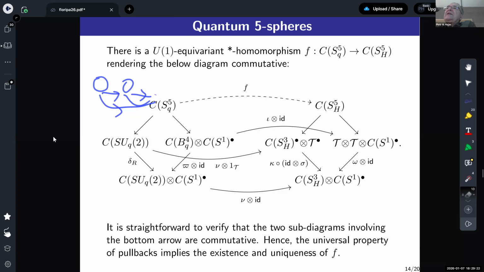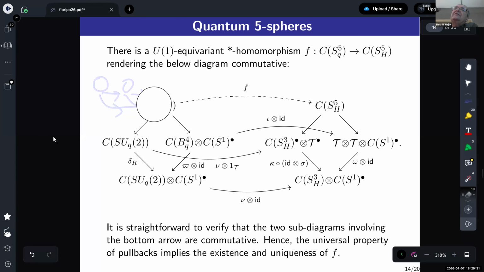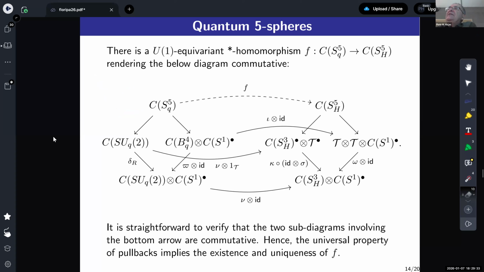Okay, and you can view it, what is nice, as a subalgebra in the Toeplitz tensor Toeplitz. So obviously the standard notation for the Toeplitz algebra is calligraphic T. So these guys are Toeplitz algebras. Okay. Well, I don't have to explain the circle and SQ2.